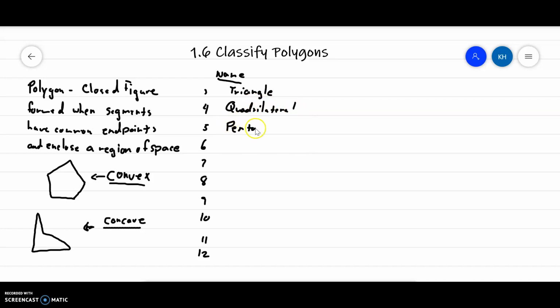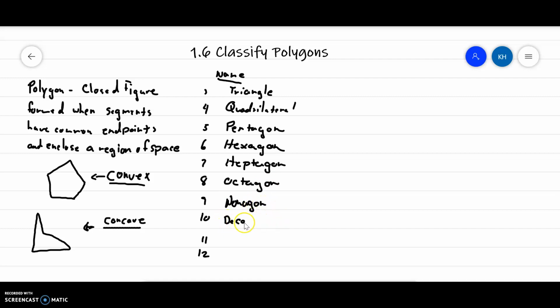Pentagon. Hexagon for 6, heptagon, octagon, nonagon, 9 sides. These are all prefixes for these numbers.